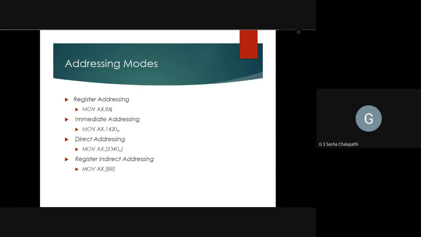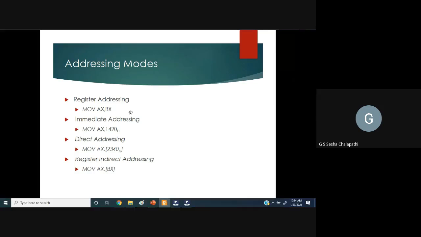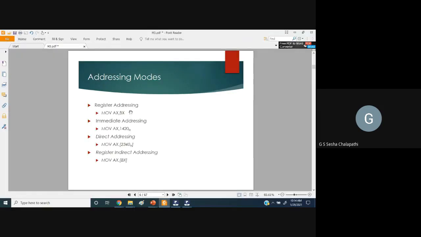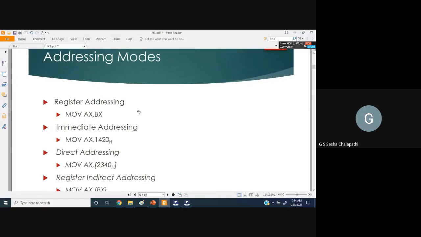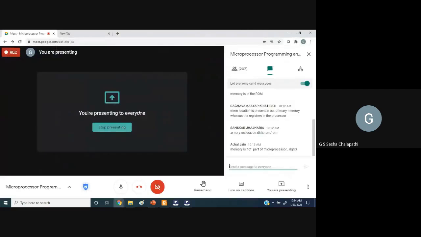As we have seen in the previous class, what are the different kinds of registers that you have? What are the registers that you have in 8086? Anybody on the chat, please? What are the different registers that you have on 8086? Anybody?